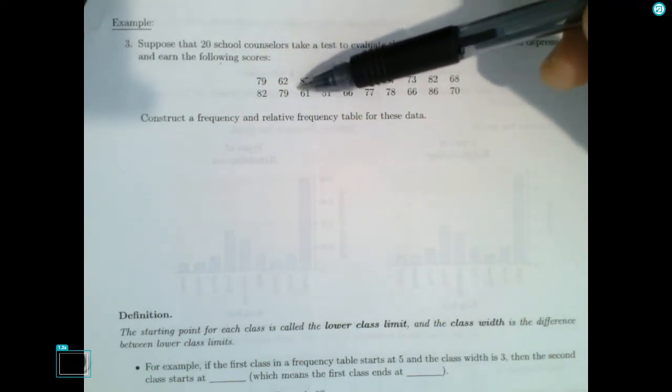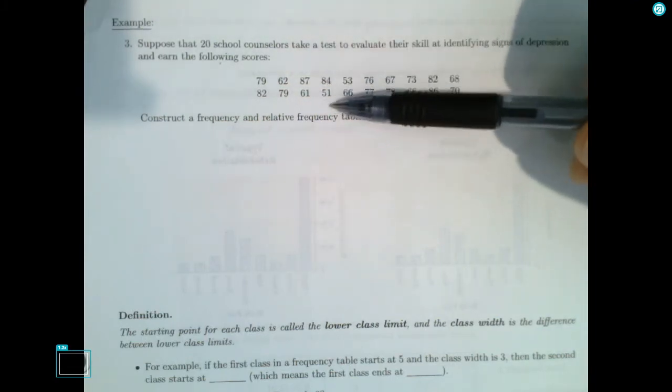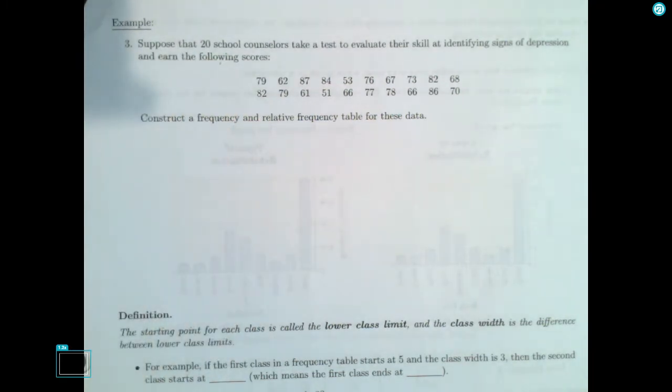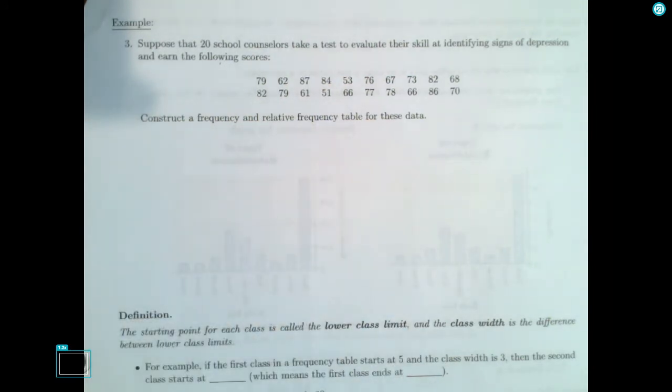So they're pretty good at determining if somebody's depressed, right? This person who got a 51 is not very good at determining if somebody's depressed, right? Anyway, notice that the data here is numerical. In other words, this is quantitative data. We're asked to construct a frequency and relative frequency table for these data.